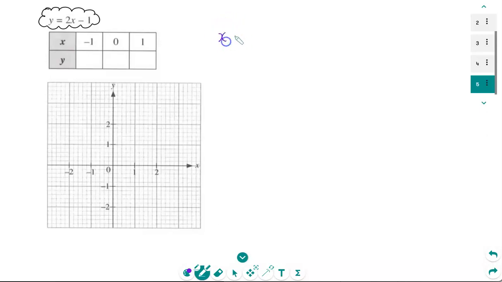So when the input is x equals -1, y equals, so I'm going to input the x value. So here is -2, -1, so I'm doing it really slowly. Therefore the first coordinate is -1, -3.